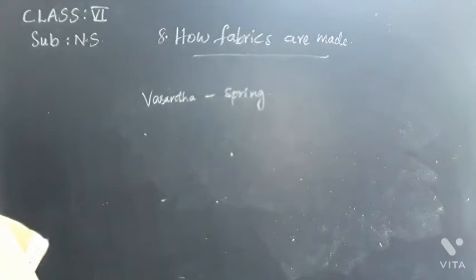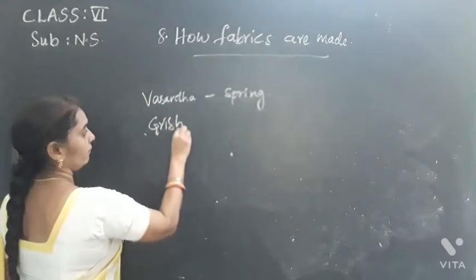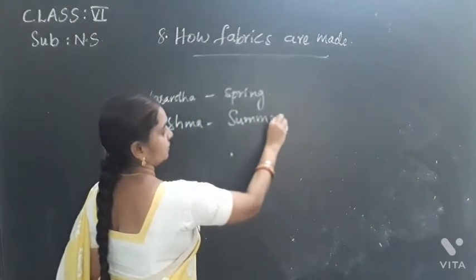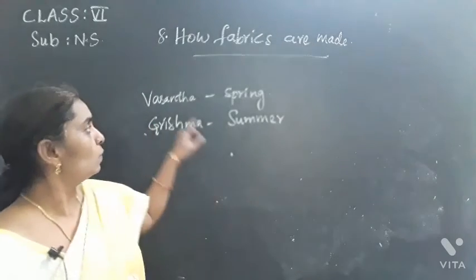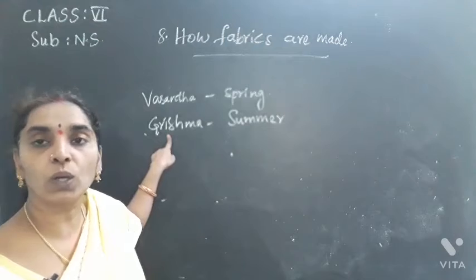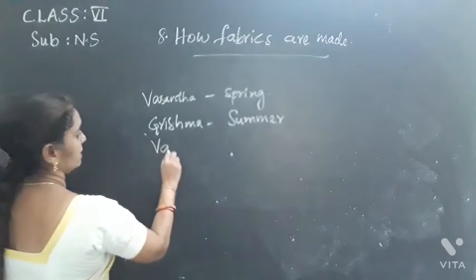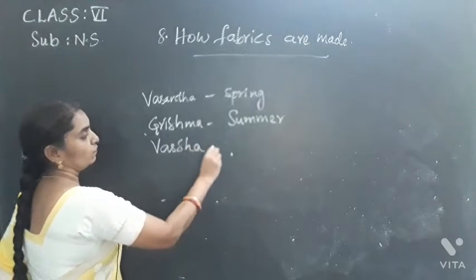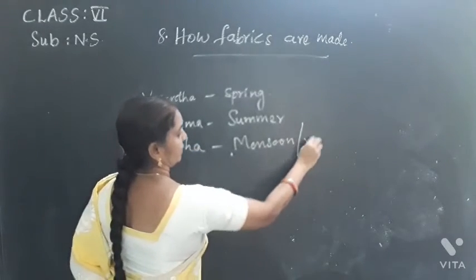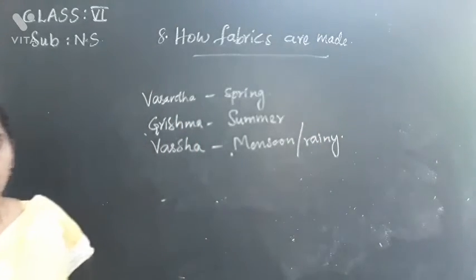Okay, Grishma is called summer season. Vasanta is called spring season. Grishma is called summer season. Varsha is called monsoon or rainy season.